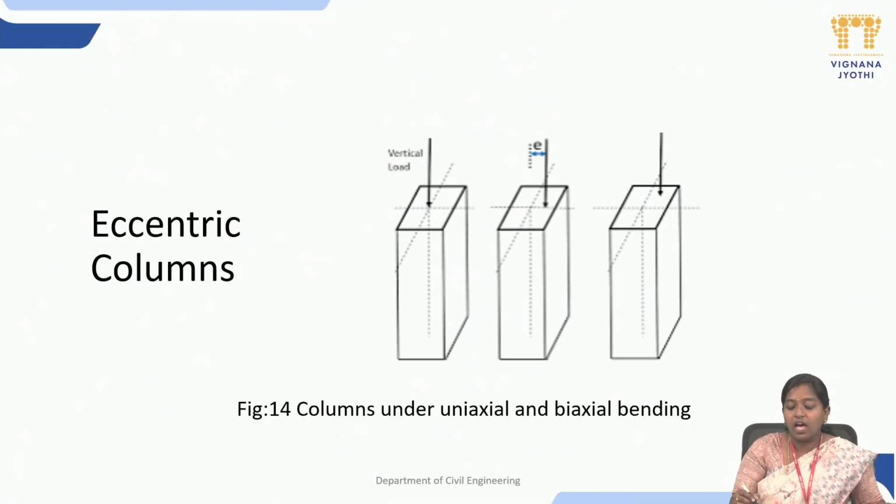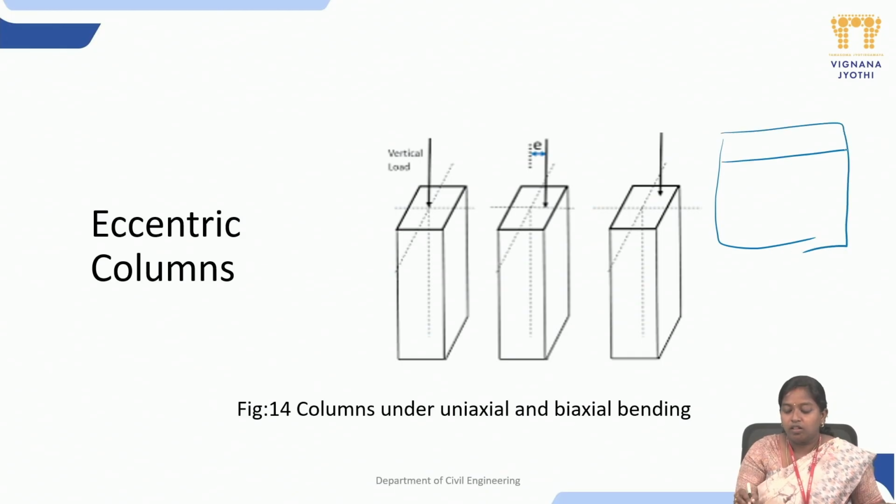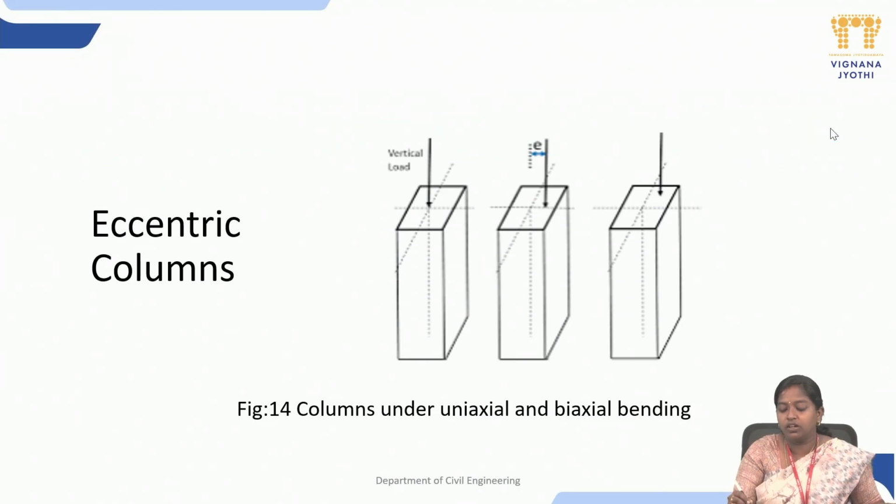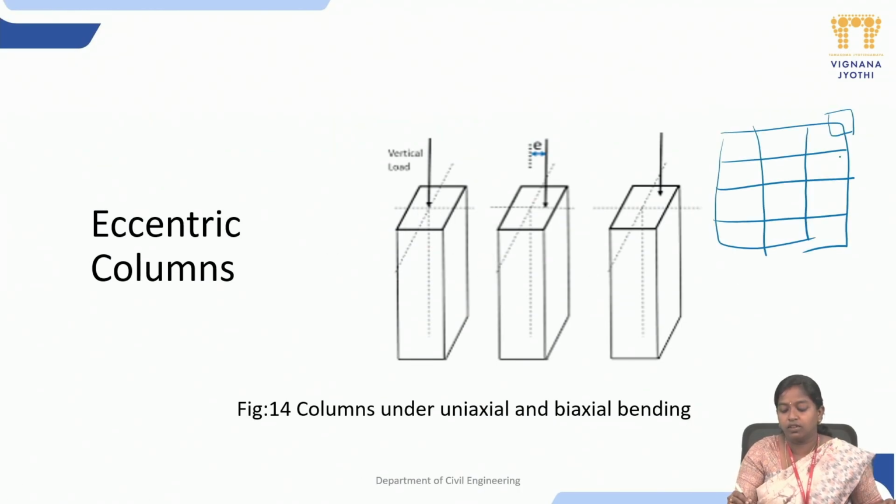But if we happen to see in a simple design, we come across more than one column in the plan that I'm showing here. So let me name the columns as 1, 2, 3, 4, 5, 6.